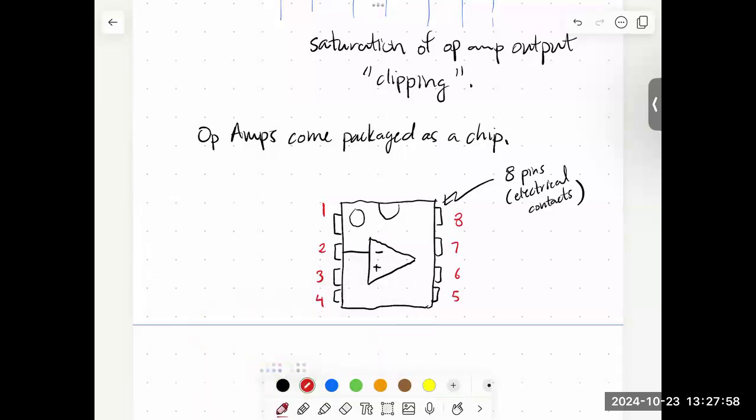So this is V minus, pin 2. The non-inverting input is connected to pin 3, and so this will be plus. All right. The output goes to pin 6. So we'll connect the output to 6, and we'll say that that's going to be the out.